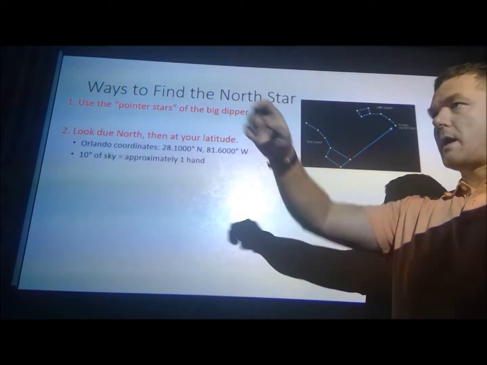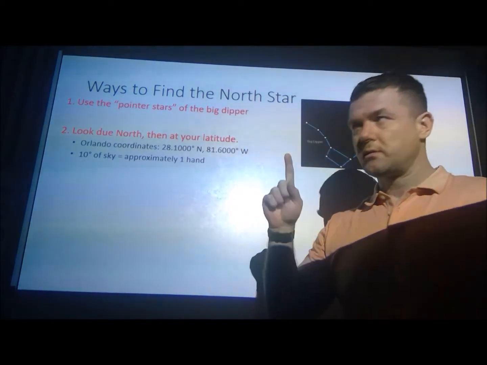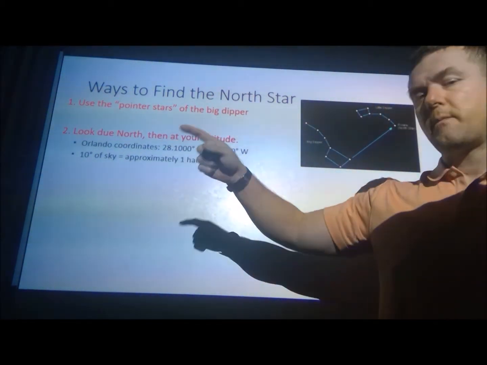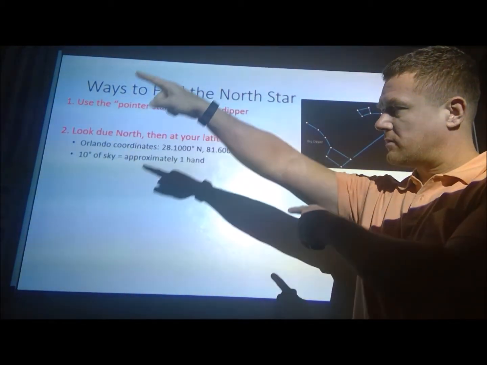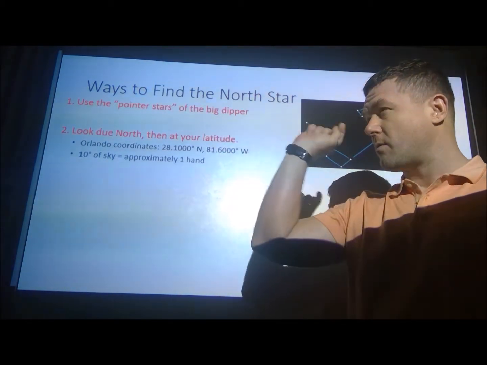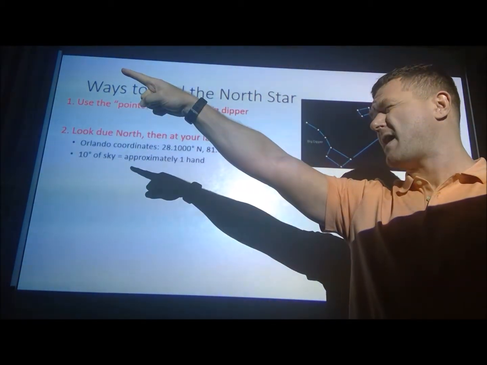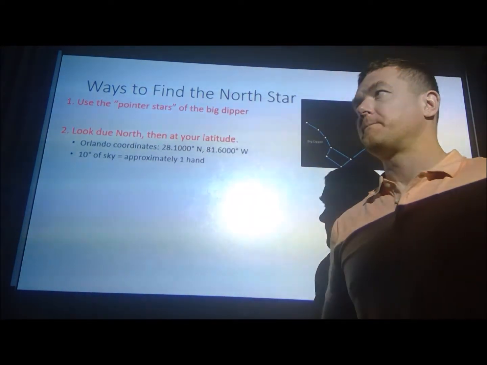So I'm going to find the horizon, and I'm going to use my arm as though it was a protractor, and make an angle that is 28 degrees. And if I'm pointed directly north, then that means that I am pointing my finger at the North Star.